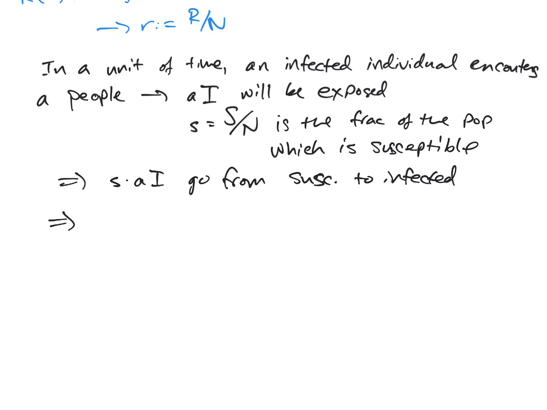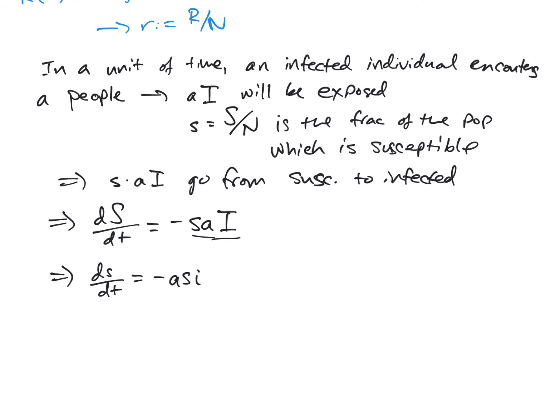So d big S dt will decrease by that amount, so it equals negative s A I. And we can divide this whole quantity by n, and we get d little s dt equals negative A s little i, because when you divide the right-hand side by n, you divide the big I by n and you get little i.